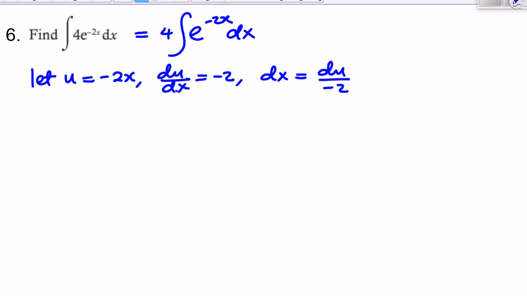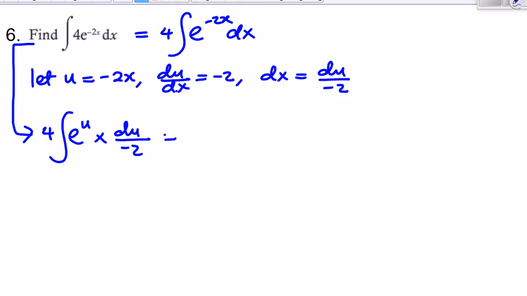If you replace this, our new integral will become 4 e to power u multiplied by dx, which is du over negative 2. Because negative 2 is a constant, we can take it out. So we'll have 4 over negative 2 e to power u du.